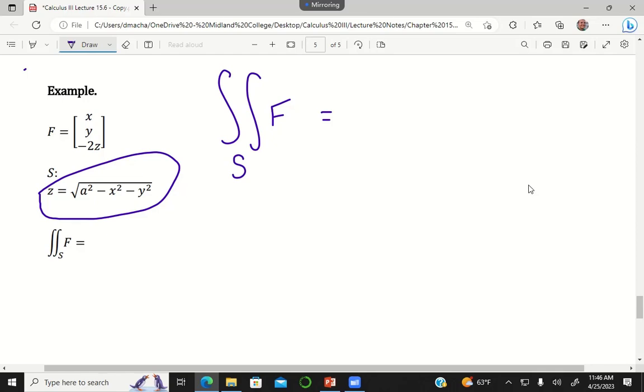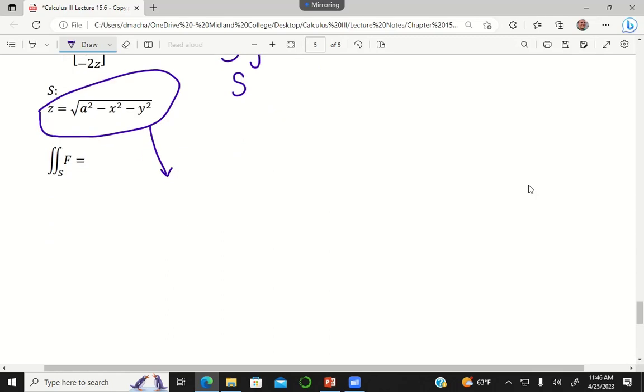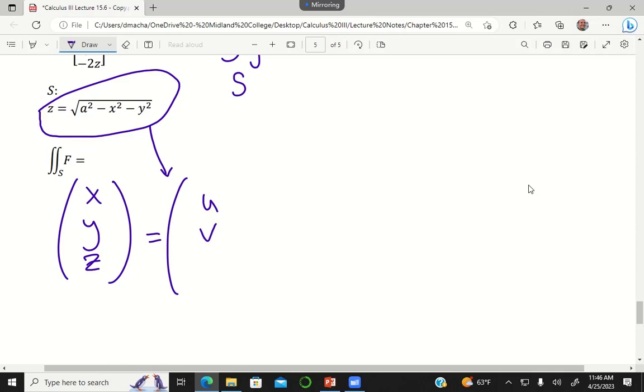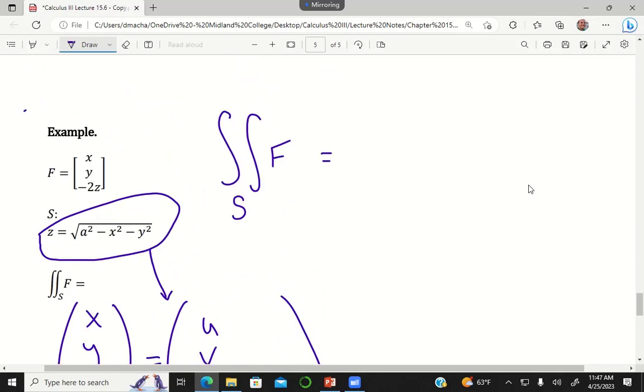But like I said, we can always take one of these explicitly defined surfaces and pretend that it's a parametrically defined surface. So if this were parametrically defined, we could say x is u and y is v, and that would make z the square root of a squared minus u squared minus v squared. I'm just converting explicitly to parametrically defined, because I haven't memorized the formula for the explicitly defined surface, but I have memorized the formula for the vector field integral over a surface.